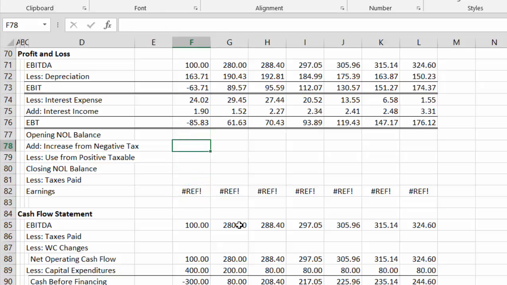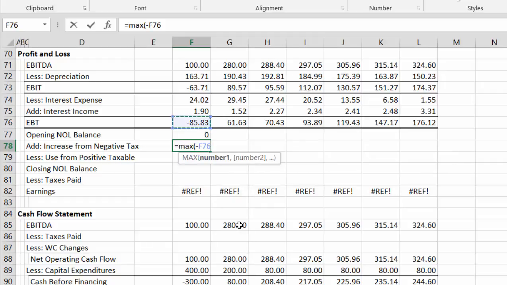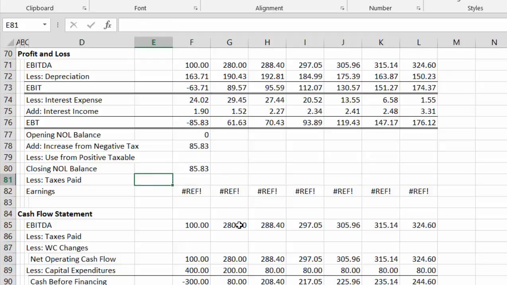And let's start this. You could have a closing balance and try to derive it from the balance sheet. But for now, let's just make the opening balance equal the closing balance. And then the first thing we do is, there's no limit on this, but I switch the minus to a positive. And then the closing balance is the opening balance plus the amount we put in minus the amount we use. And the taxes paid, let's say it's 30%.